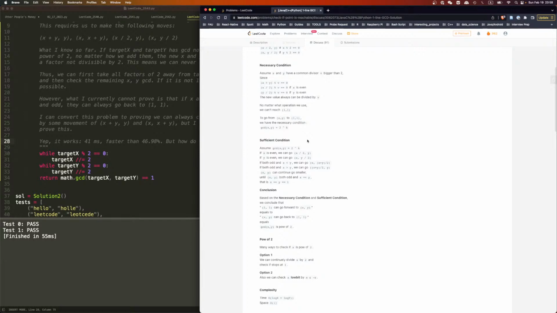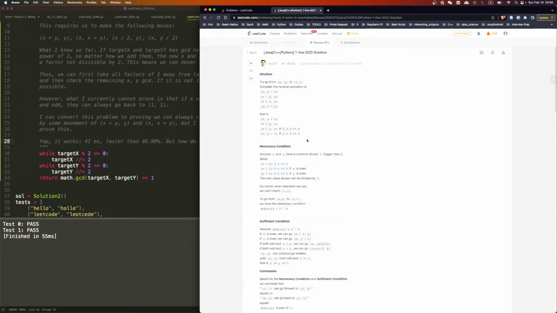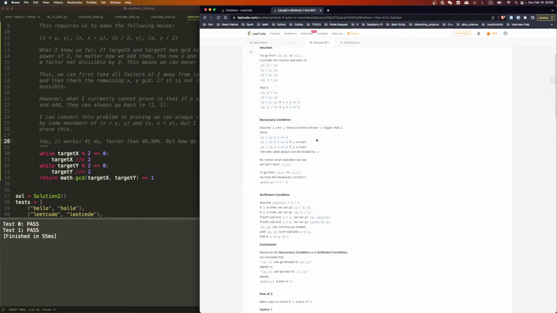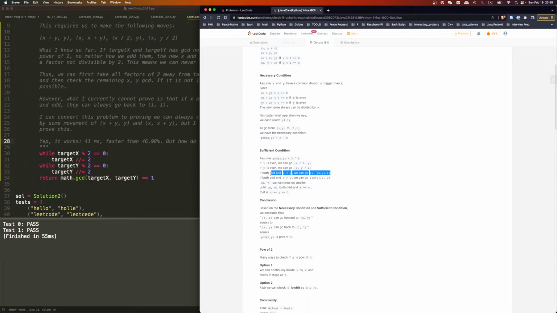Lower bit. Yeah, that's a good way. Oh. So the key idea is this. I did this one already, but I got stuck here. It's not to find they are power of 2, but to say that we can always bring it down.